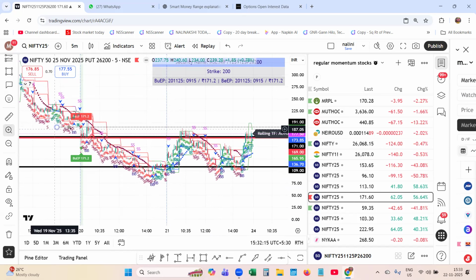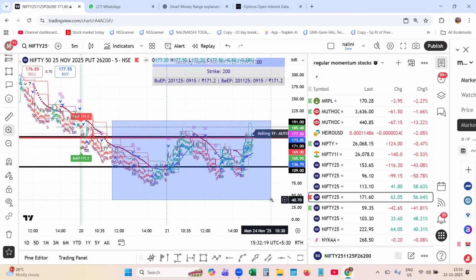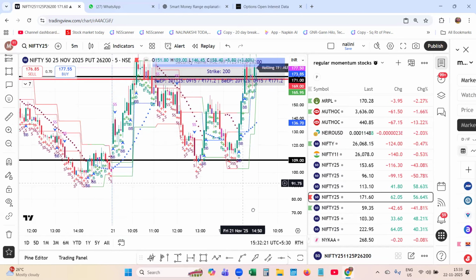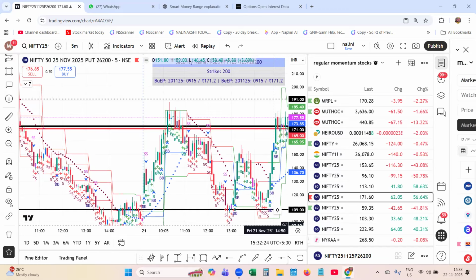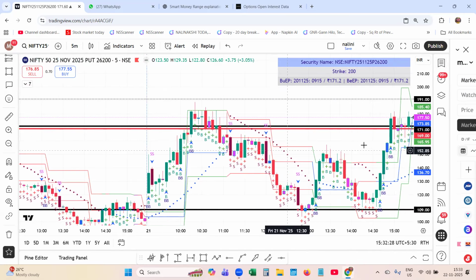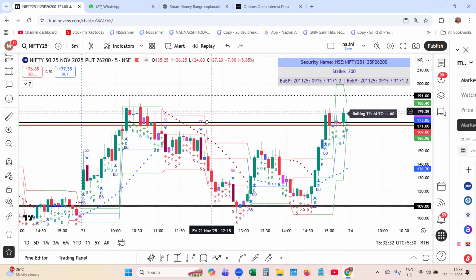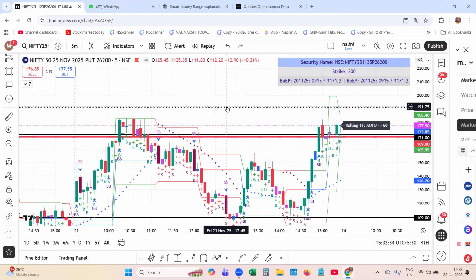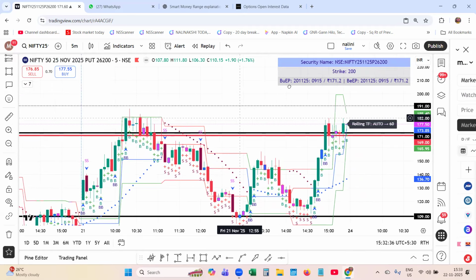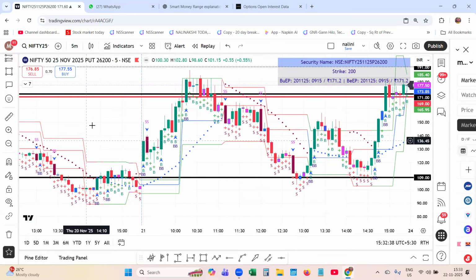Let me zoom it out. See, there is a level of resistance for this, right? 191 is the resistance. At the opening bell, the market gapped up.